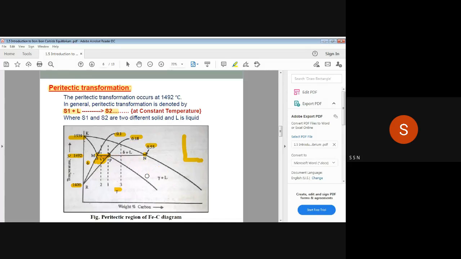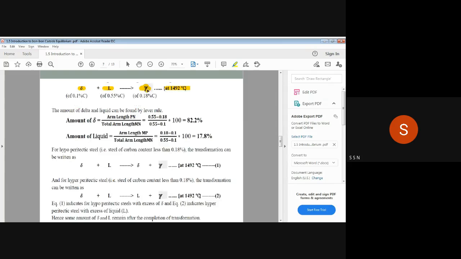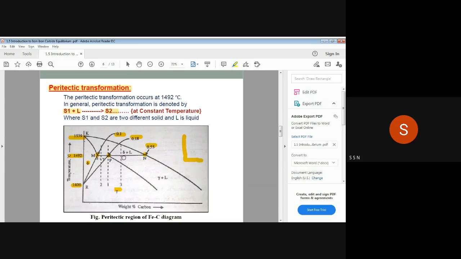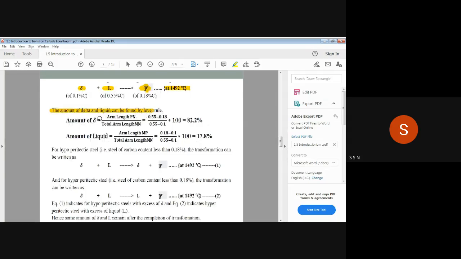For this peritectic transformation, we can also find out at this P point, whenever one solid and one liquid combine to give another solid, whenever delta and liquid combine to give gamma austenite solid, what is the amount of delta and what is the amount of liquid present, so that they have given a certain amount of gamma austenite?